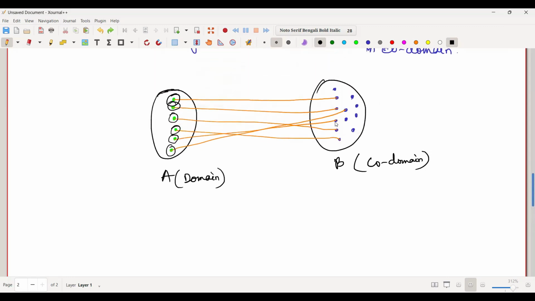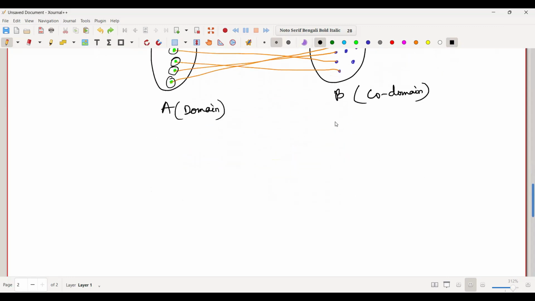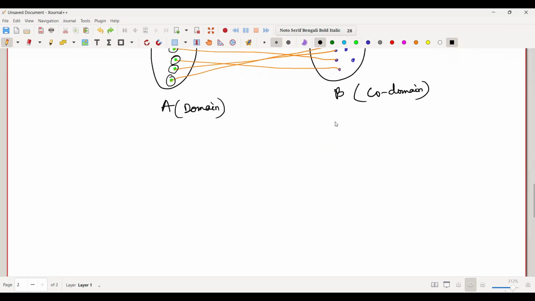If a function is not one-one, then it is onto. So for onto functions, okay, sorry, no, not onto functions.